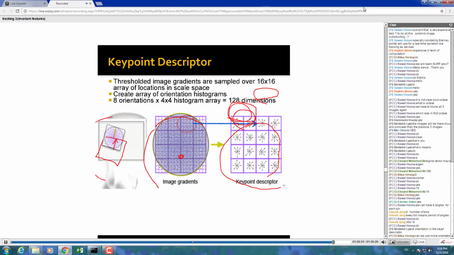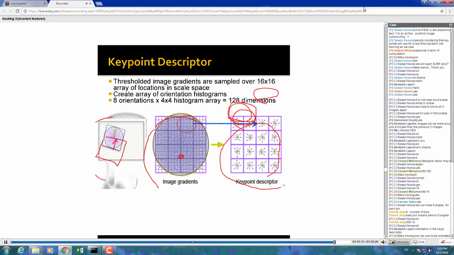Then we calculate the descriptor for every key point, and every descriptor has 128 dimensions based on 4x4 cells and 8 orientations, 8 bins of angles, and the histogram.